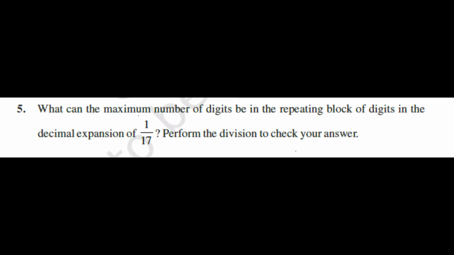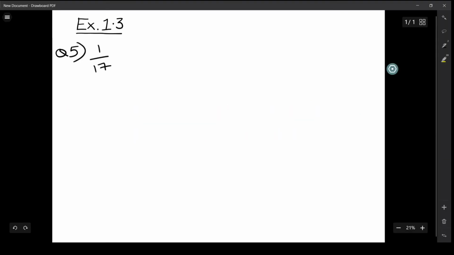Moving on to question number 5. Question number 5 says, what can be the maximum number of digits in the repeating block of digits in the decimal expansion of 1 by 17? Perform the division to check your answer.